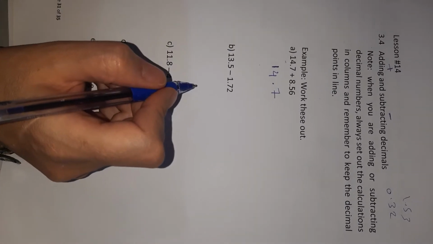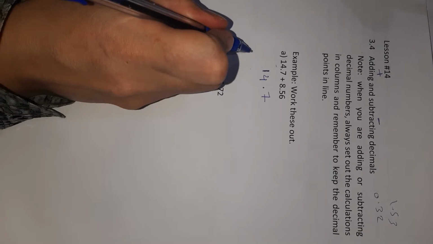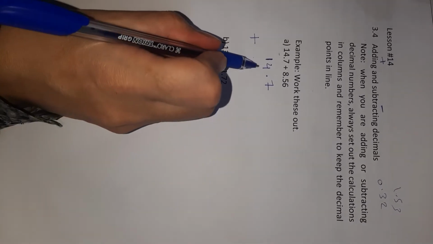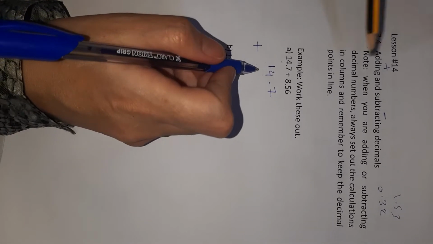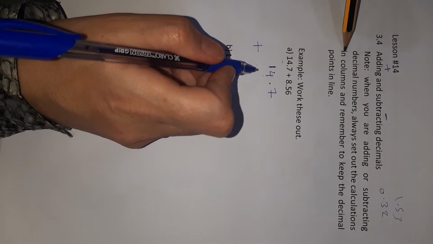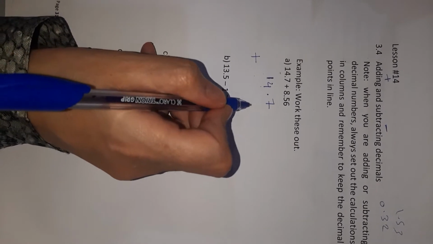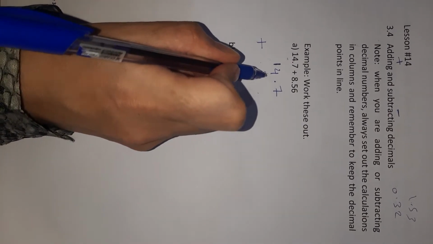How? Write the first number, 14.7, plus 8.56. Look, here the ones, here the tens. 8 is the one, so set out your calculations in columns, meaning put the ones under the ones, the tens under the tens, the tenths under the tenths. So you have to put 8 under 4.